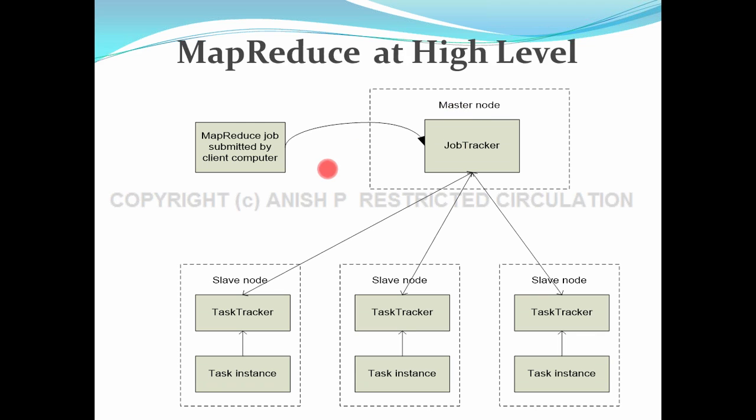Job tracker. So in all, a client needs to submit the MapReduce job to the job tracker. The job tracker is in continuous contact with the task trackers, so it will invoke the typical task instances. The task instance can be a mapper task or a reducer task according to the requirement.